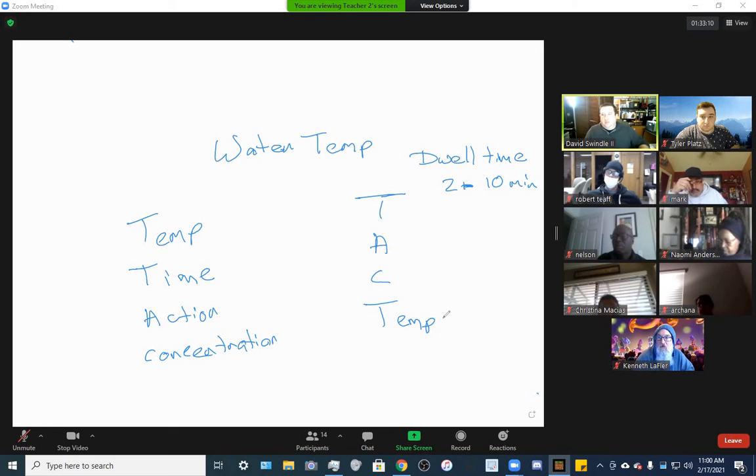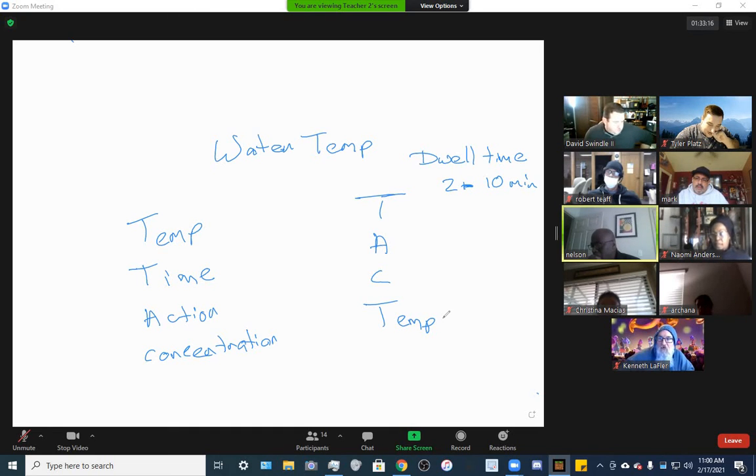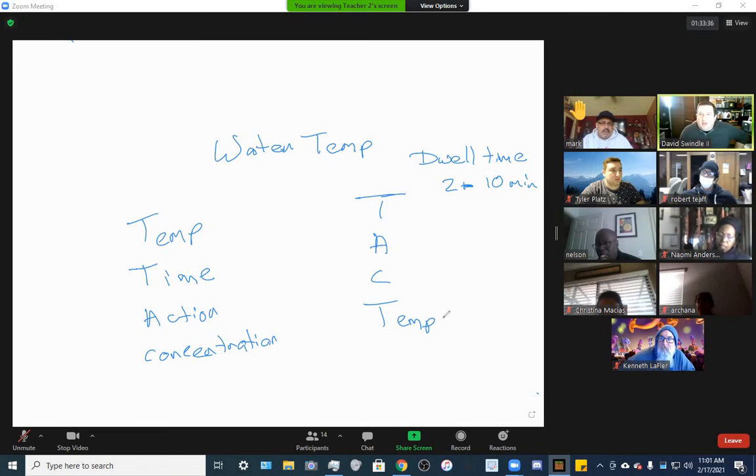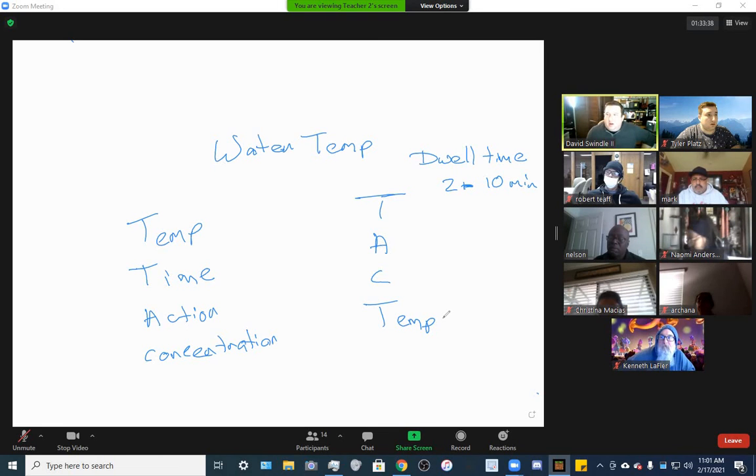Who could help me? When I do my dishes and use hot water, it lifts the hardness off the plate and it's easier to clean compared to cold water. Yeah, interestingly enough, when we heat water, it improves the cleaning.